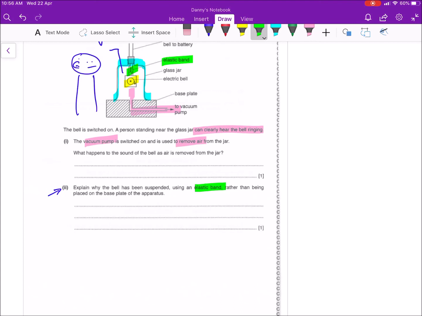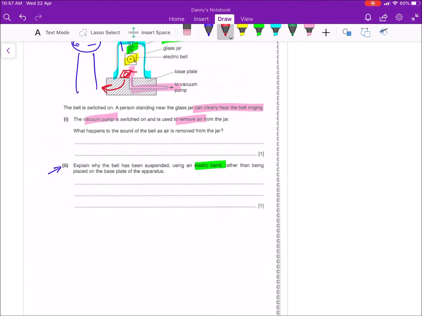Okay, so why is it that the bell has to be suspended rather than placed on a base plate? If you put your bell on the base plate, and when your bell vibrates and makes sound, the vibration can actually transmit through the base plate to the outside, because your base plate is solid and it can transmit vibration.